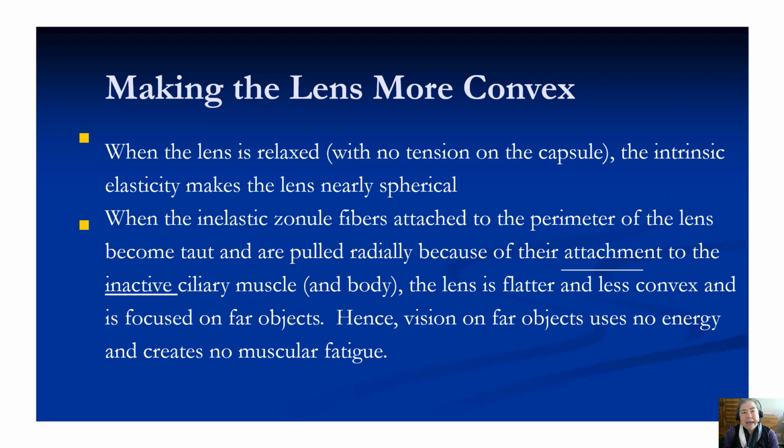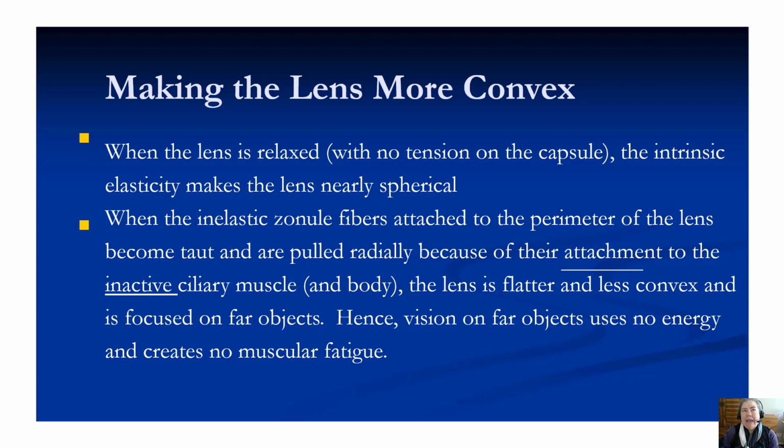When the lens relaxes, it rounds up. It becomes kind of almost spherical, very convex. And when the ciliary muscle becomes inactive or relaxes, then the zonule fibers tense and flatten out the lens.